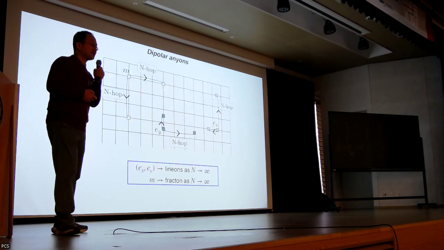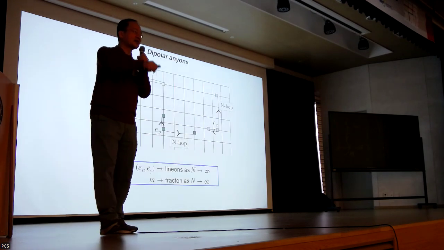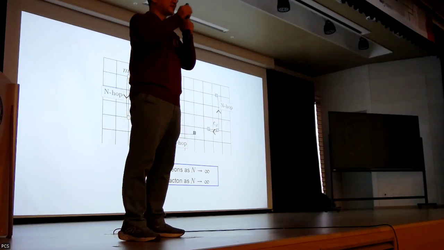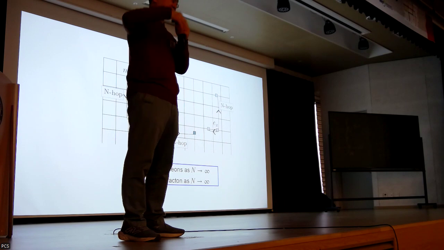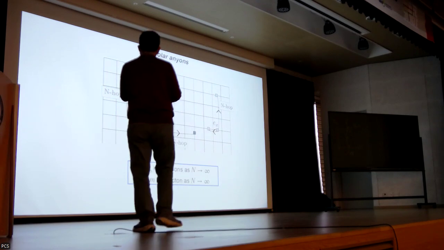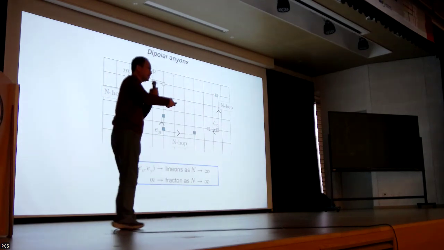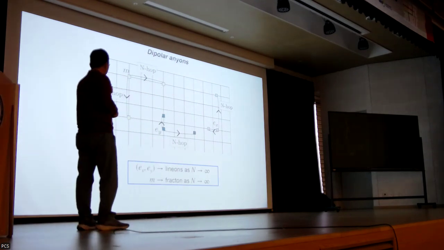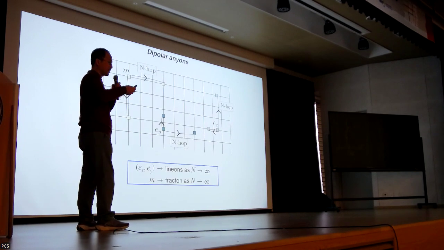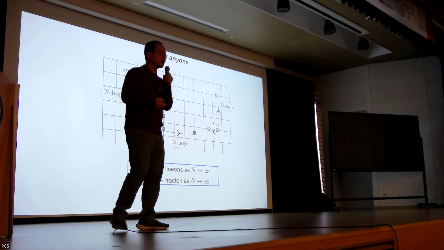An interesting consequence of this model is that unlike the ordinary toric code where E and M anyons are free to hop as if they were ordinary particles, here the anyons are constrained to hop only by n sites, where n is the given integer.